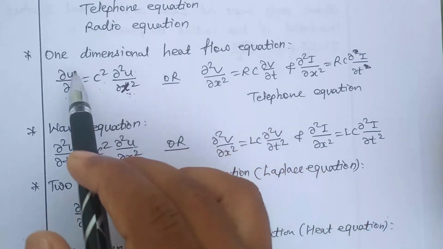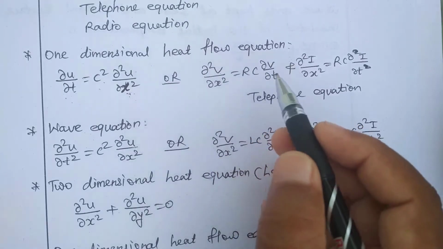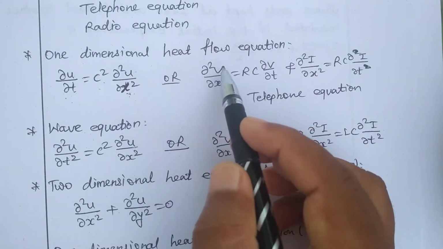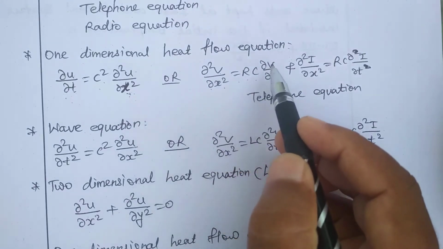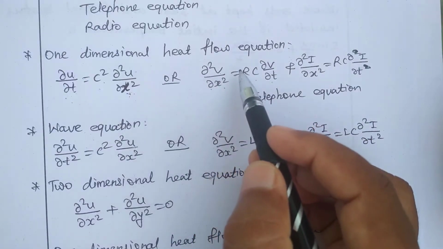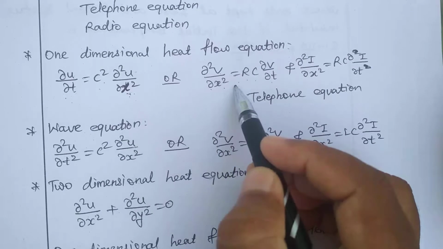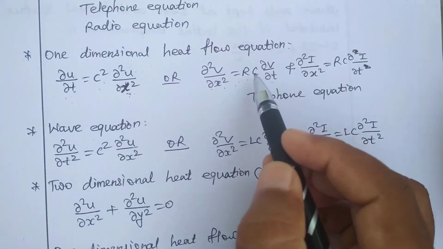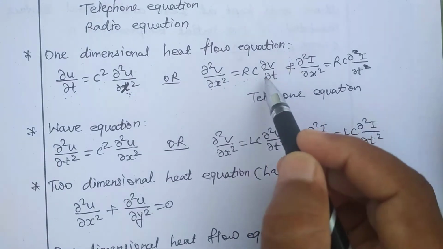Now we can also replace this u by v, where v is the voltage. So we get the equation ∂²v/∂x² = RC ∂v/∂t, where R is the resistance and C is the capacitance.